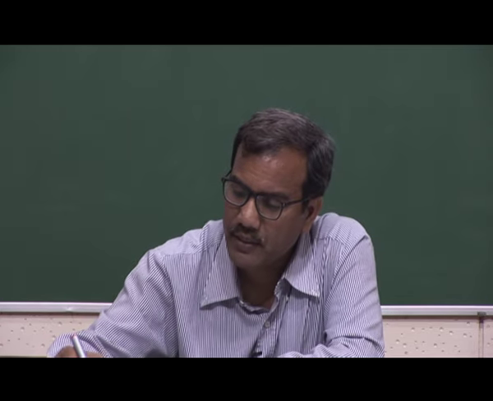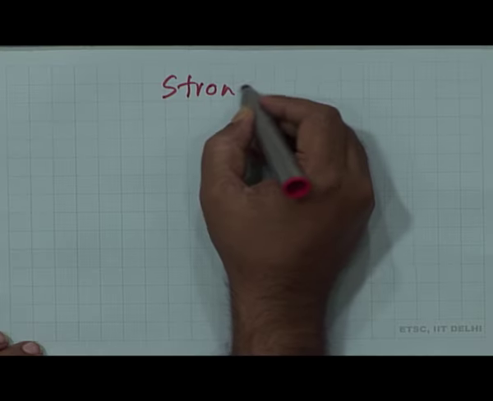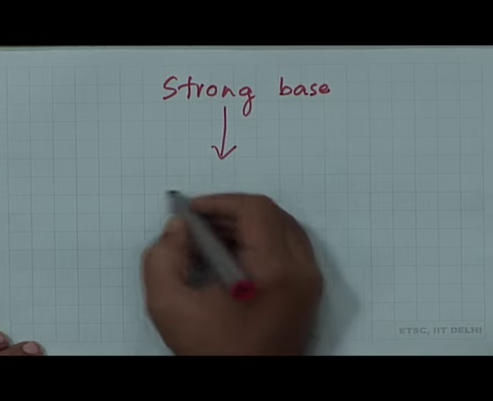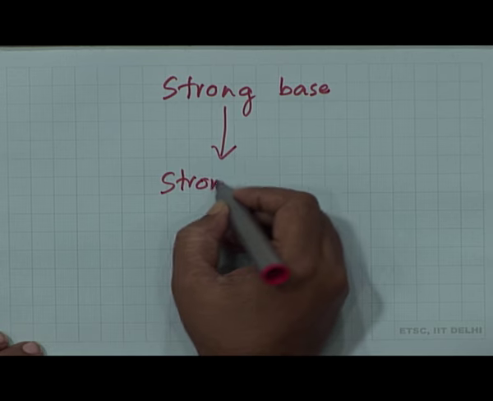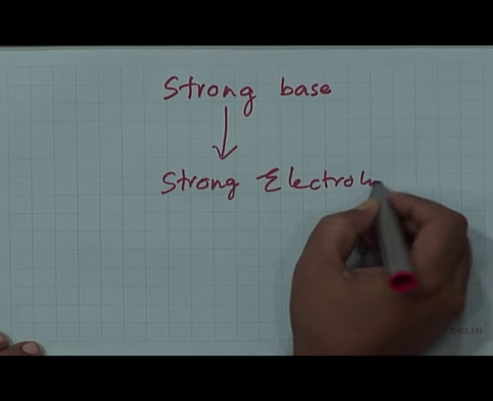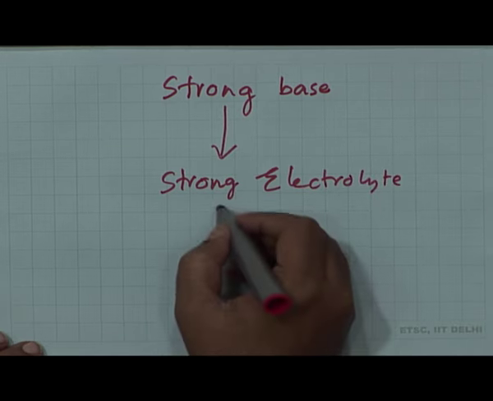Similarly, we have a strong base. Again, a strong base is a strong electrolyte, and so it dissociates completely.